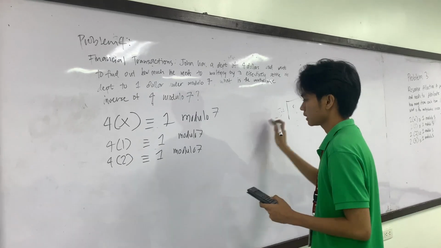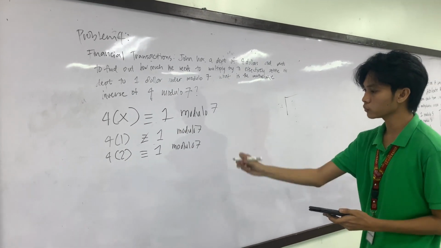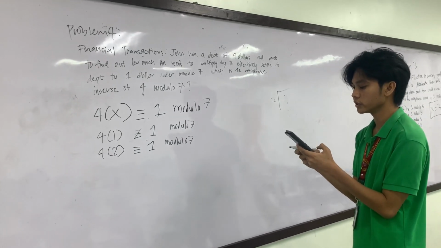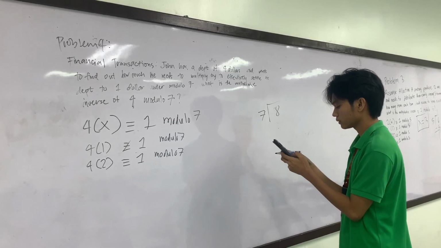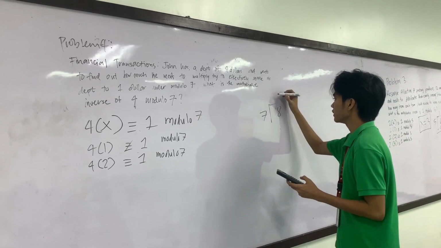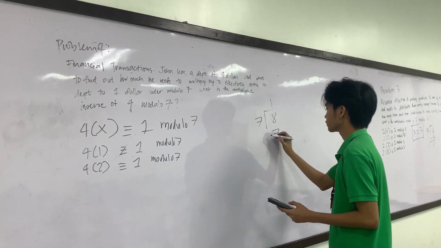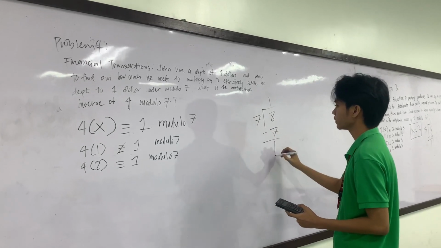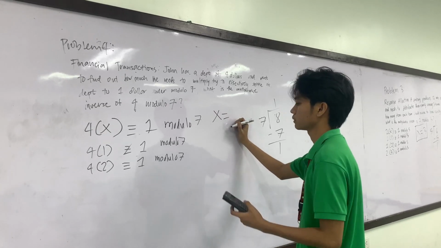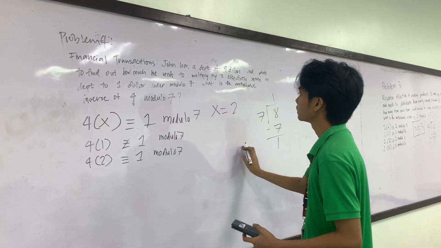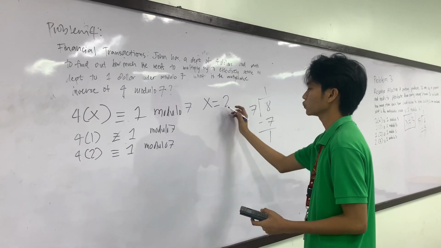Next, let's try 2. 4 times 2 is 8. 8 divided by 7 is 1. 1 times 7 equals 7. So here we get the remainder 1. The value of x is 2. So the multiplicative inverse of 4 modulo 7 is 2.